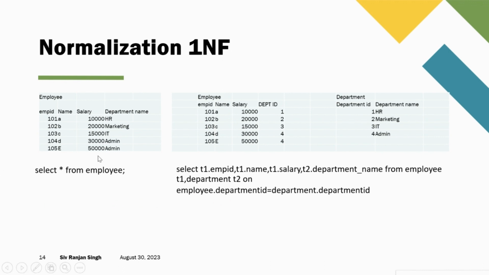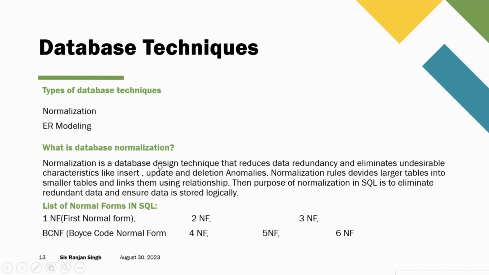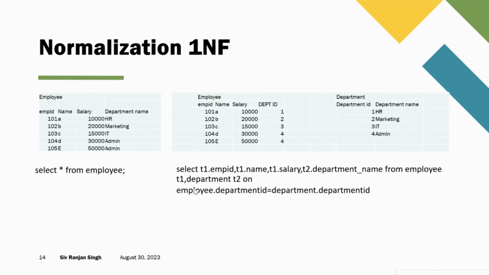As we can see in the last line of this slide, normalization rules divide larger tables into smaller tables and link them using relationships. After dividing, we need to establish a relationship between the tables.